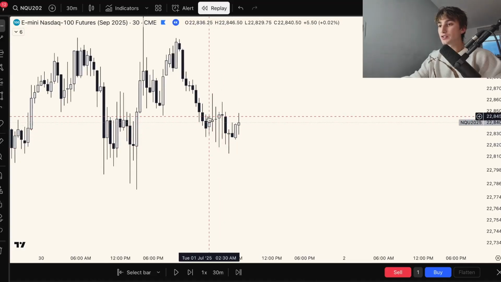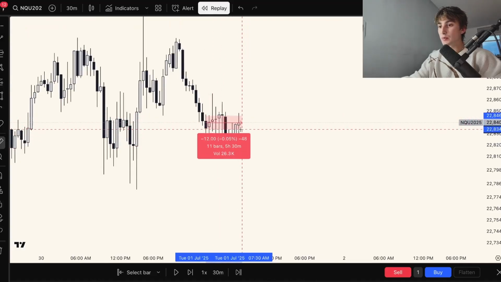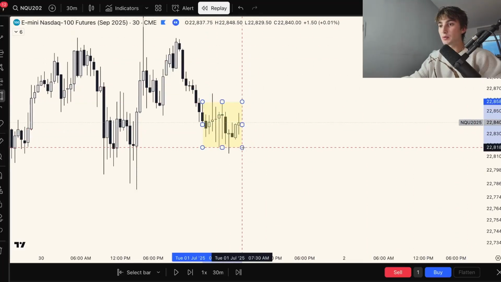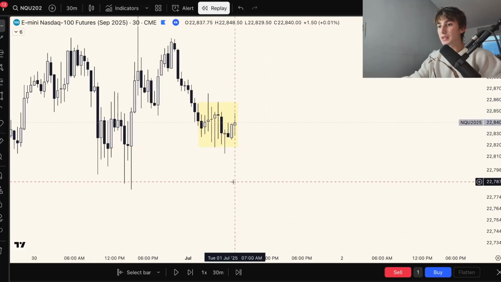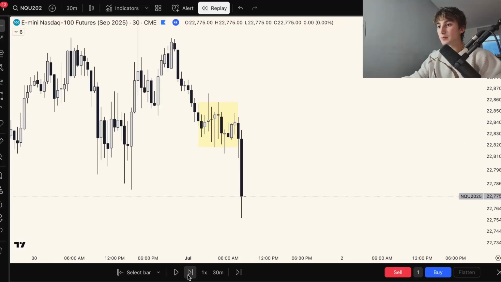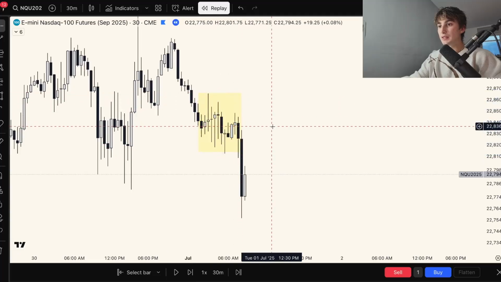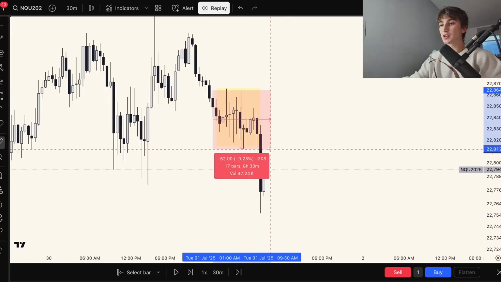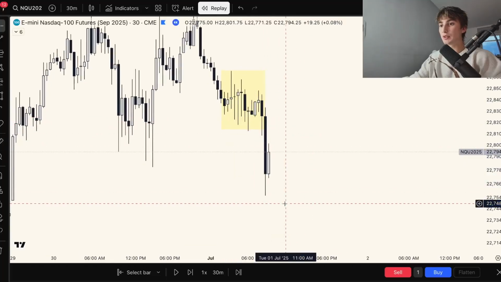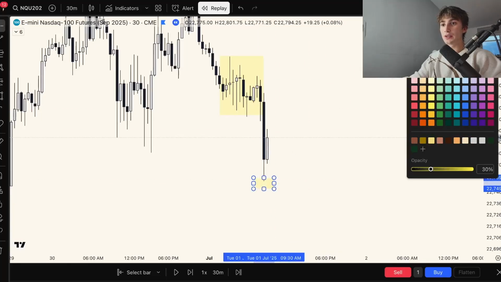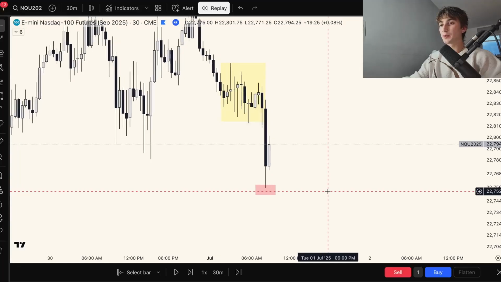You can see the price is chopping around from 2 a.m. to about 8 a.m. So we can mark out this higher time frame accumulation period, and then going into pre-market, you see that price decides to break out of this accumulation and manipulate lower, right? So we break out of this accumulation period and we manipulate lower. This is going to be the bottom of our manipulation move right here, so I'll mark that out in red.